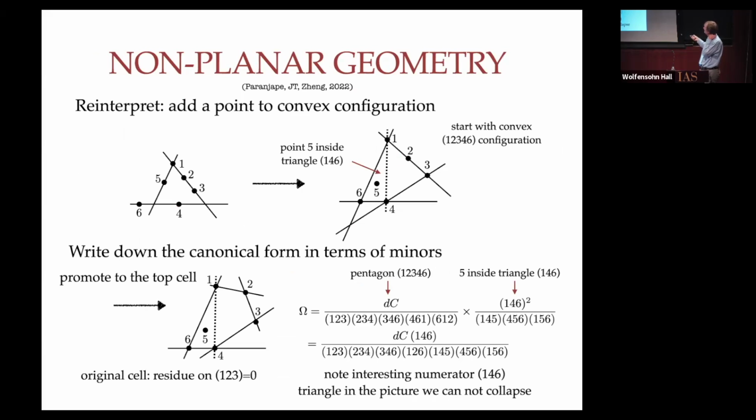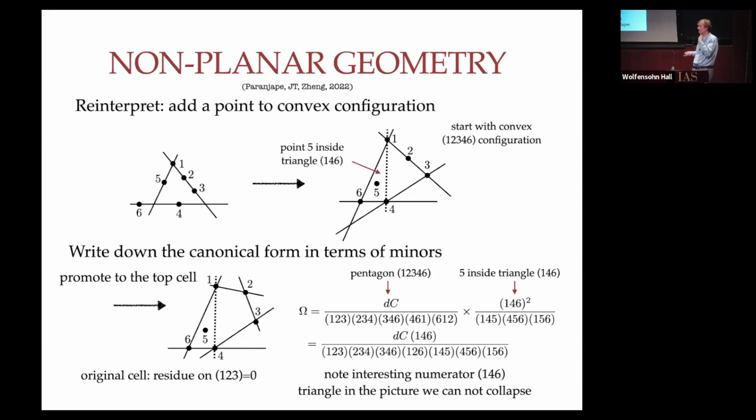We can deform this into a generic configuration where 1, 2, 3 is not 0, and add this point 5 to a pentagon. This is a dlog form for the pentagon, and we get a new form that we have to evaluate on this boundary, which again has some denominator, more poles, and has some numerator. And this numerator is again interesting.